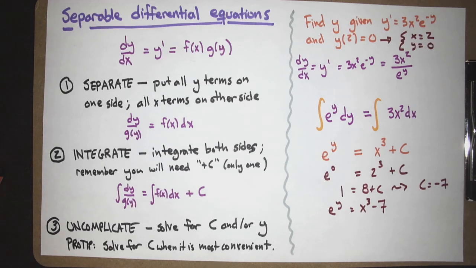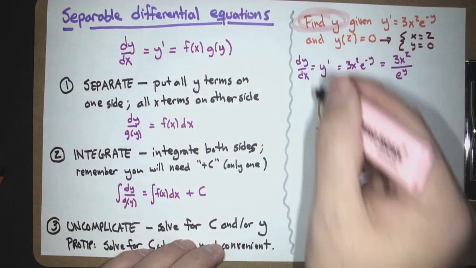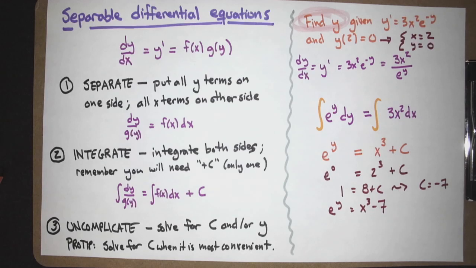Yeah, we're not done because the problem was very clear. It said, look, find y. That was the first thing it said, find y, which means you have to get y by itself. One single y. One y to rule them all. Currently the y is trapped inside the exponential function, so we need to free it.